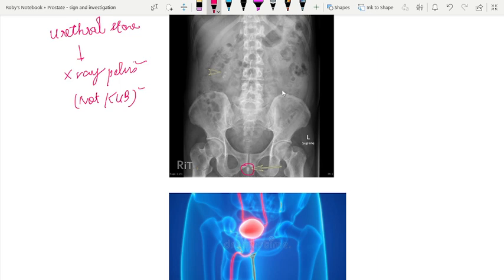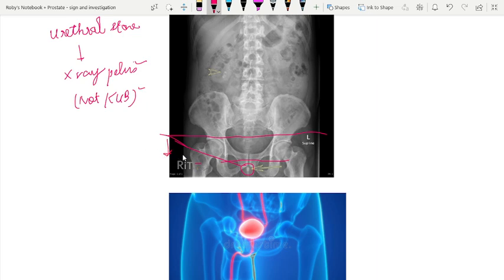And this is the X-ray KUB. Now you can imagine if the X-ray is taken only up to this point, then this stone will be missed. So it is important to take the X-ray from here downwards.